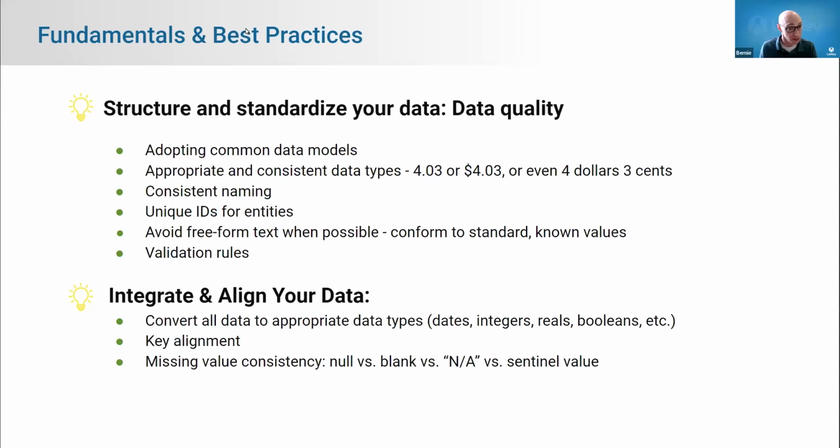Next is key alignment. Typically, multiple rows from datasets all relate to the same entity or observation. One or more key fields is used to tag all data associated with that entity. And a common challenge is key alignment, where the key values used to tag the associated data don't match across all of those data sets. So for example, different data types or formats might be used.